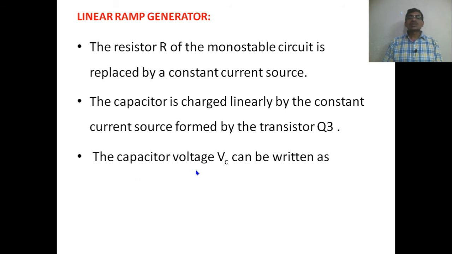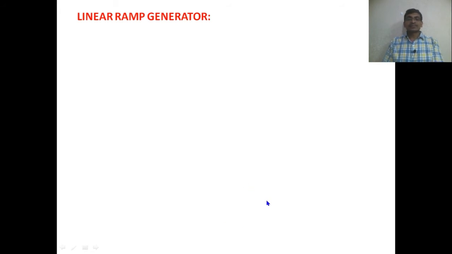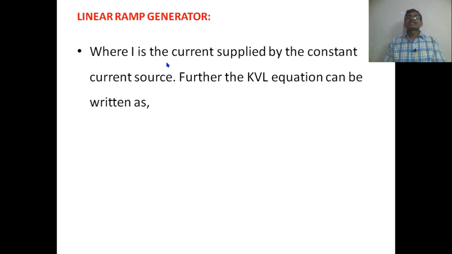The capacitor voltage Vc can be written as Vc is equal to 1 by C integral 0 to t I dt, where I is the current supplied by the constant current source. So here Vc is the voltage across the capacitor.